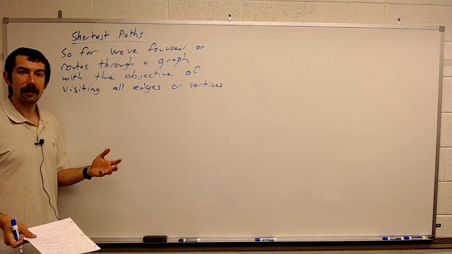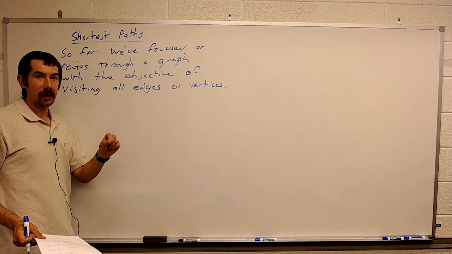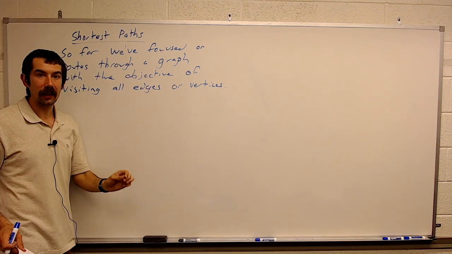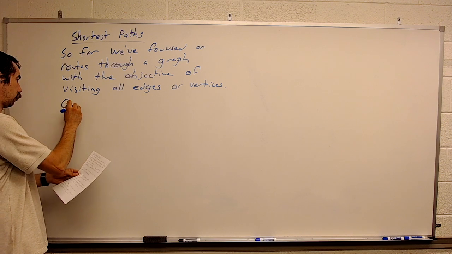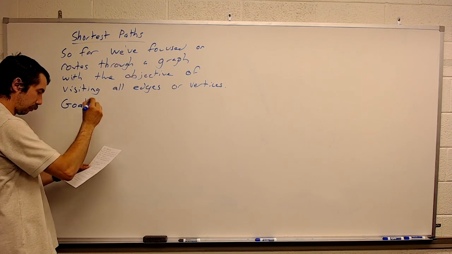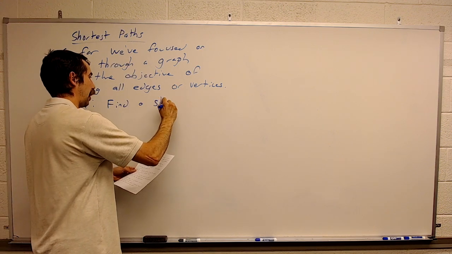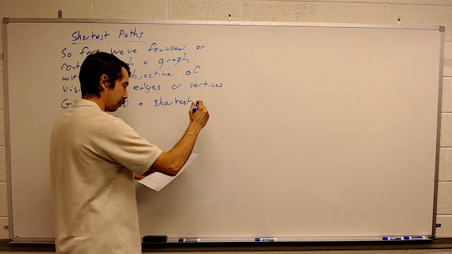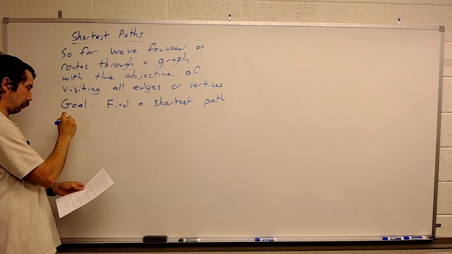Okay, but today we're going to look at a slightly different type of problem. We're going to try to get from one vertex to another as quickly as possible. Okay, so our goal is to find a shortest path on a weighted graph.